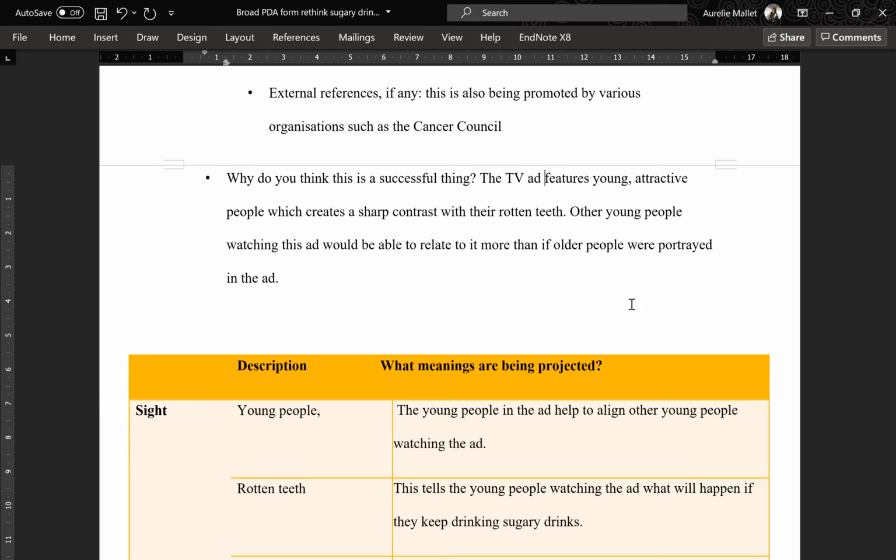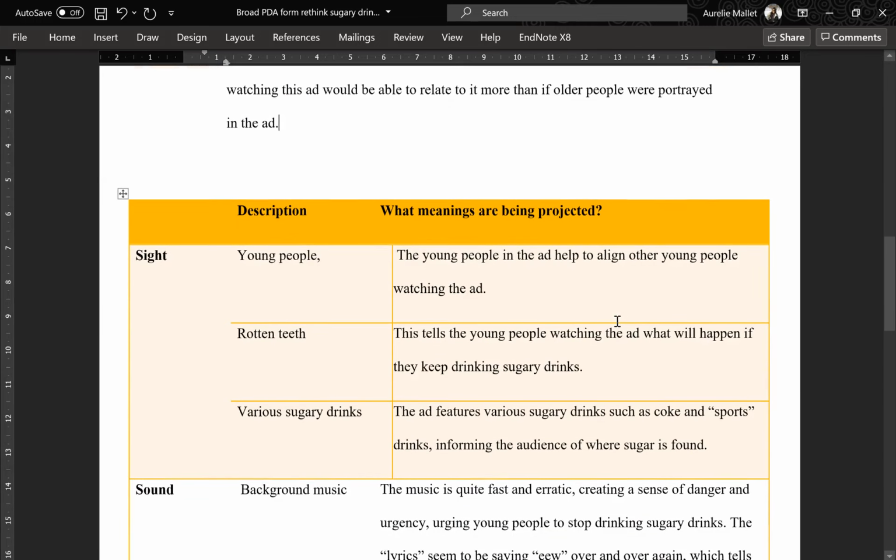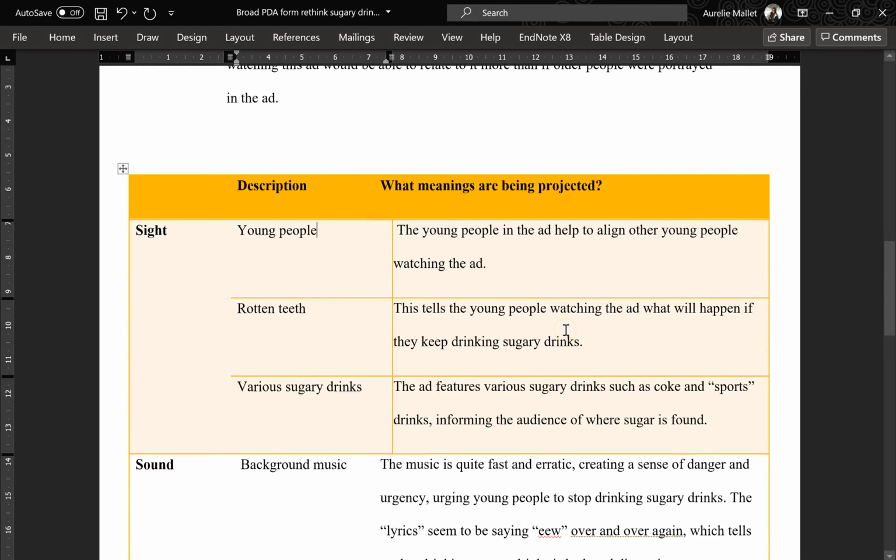Other young people watching the ad would be able to relate to it more than if older people were portrayed. Now if we look at the material senses here, with sight, it's pretty much just young people in the ad, and again this helps to align other young people, especially since it's aimed at young people.